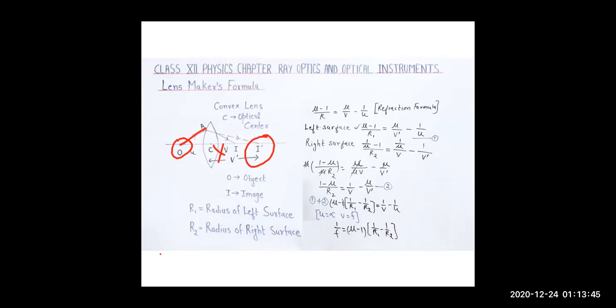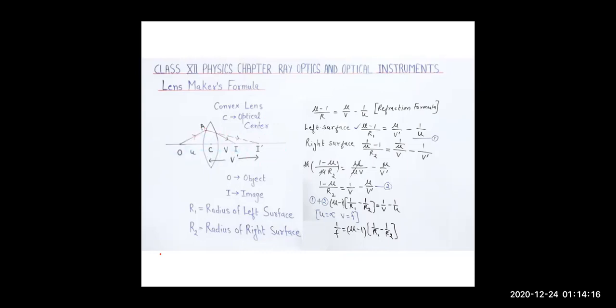Okay, but as there is a right surface also, this I dash, which is the image formed due to the left surface, will behave as a virtual object for the right surface, and the image will shift from I dash to I. So I will be the image formed of the object O.